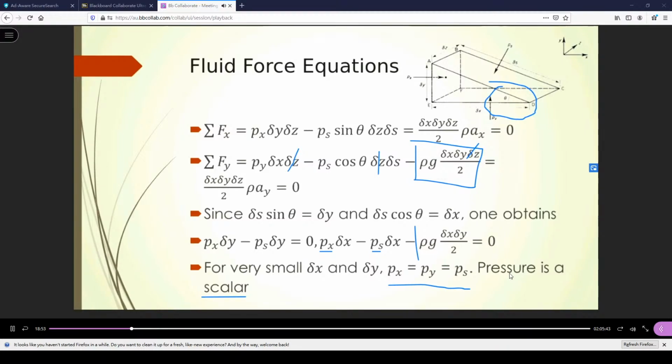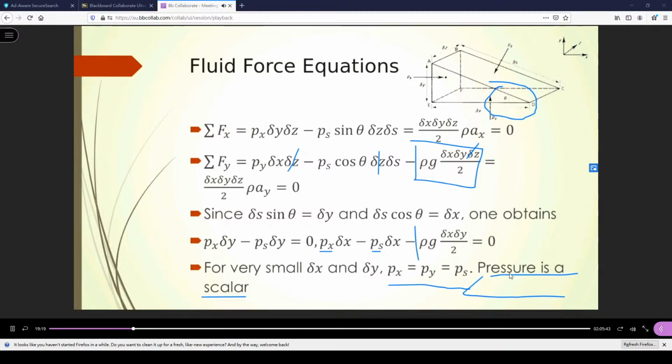So when you sink into water, if you consider yourself a very small, tiny particle, then the pressure acting on each part of your body should be the same. Now, very important, I repeat, pressure is a scalar, because it doesn't depend on direction. Velocity is a vector and force is a vector.